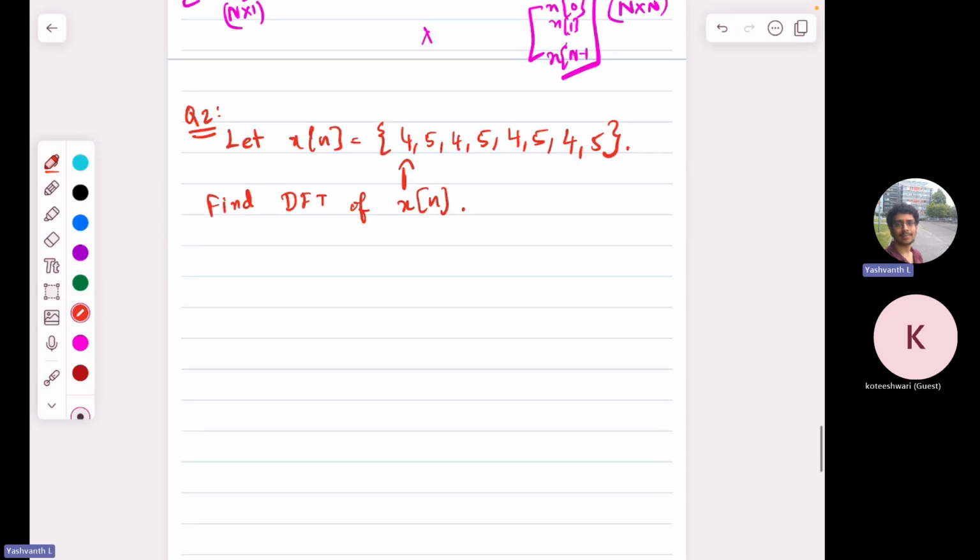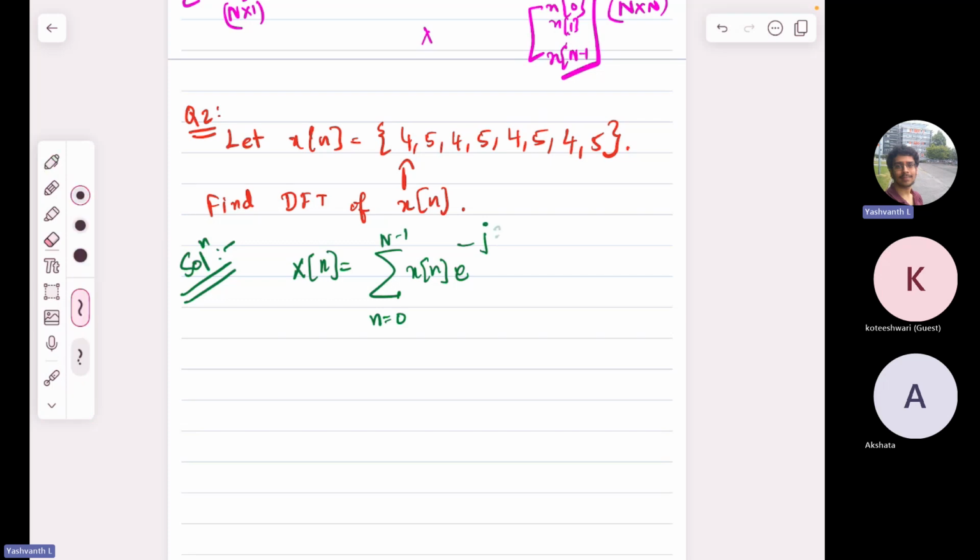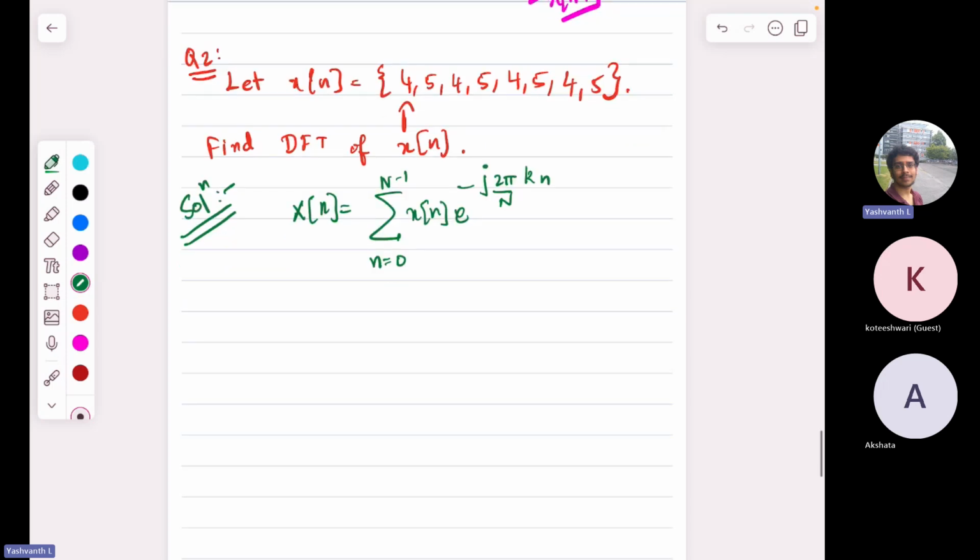What we are going to do is just apply the formula for the discrete Fourier transform, namely that x of k is equal to the summation, n equal to 0 to capital N minus 1, of x of n into e power minus j 2 pi by N kn.